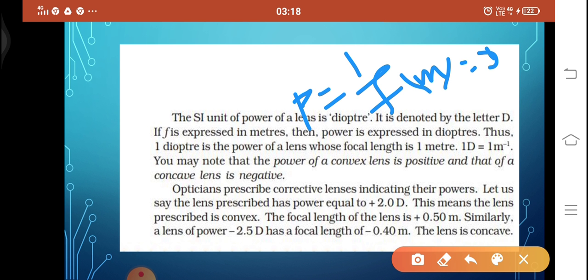So what is the diopter? 1 diopter is the power of a lens whose focal length is 1 meter. Because here f is 1, and power equal to 1 upon f, with f in meter. You can write in centimeter also, but when you write in centimeter, it will be 100 upon f. 1 diopter is the unit of power.